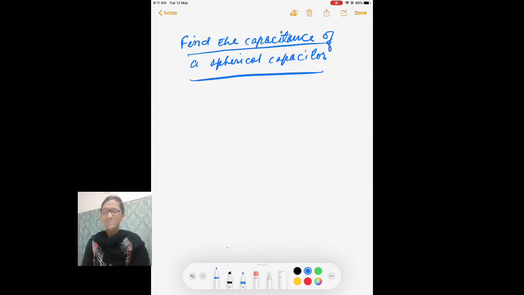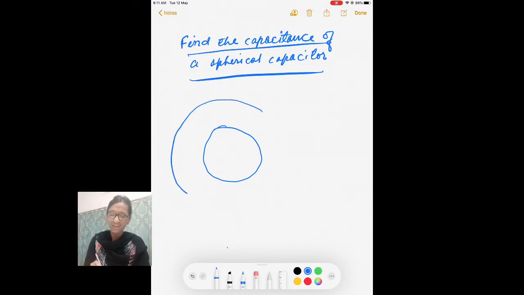So, to find the capacitance of a spherical capacitor. A spherical capacitor has two spherical conductors. The inner sphere can be either solid or hollow, and the outer sphere is a hollow one.